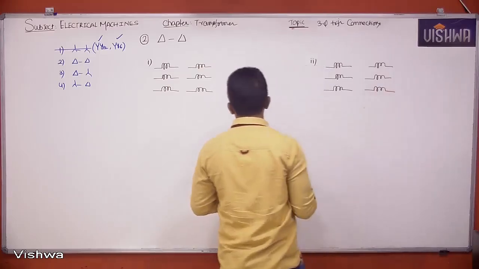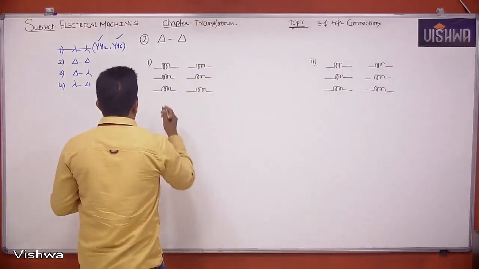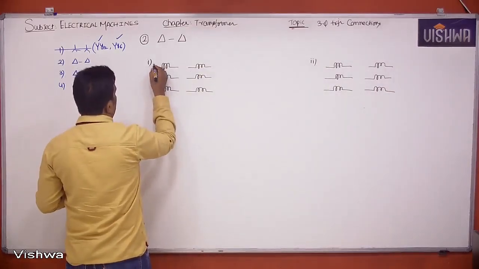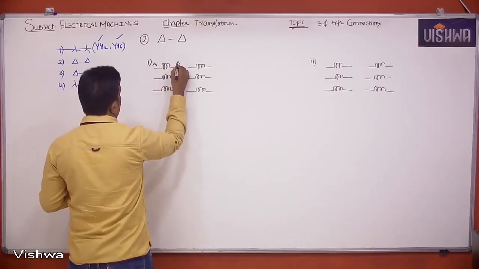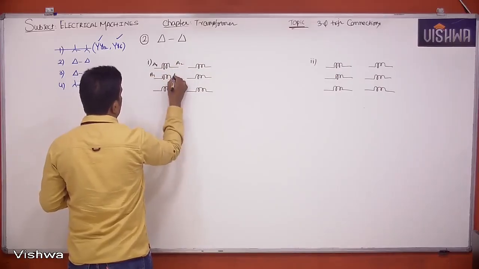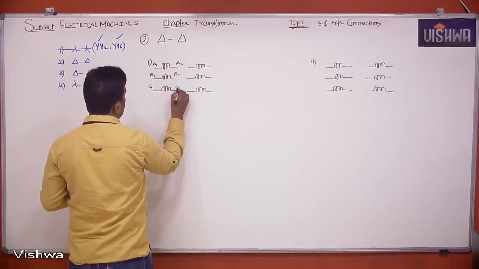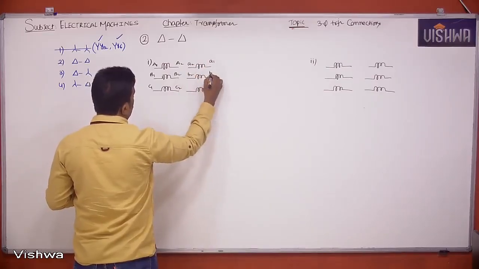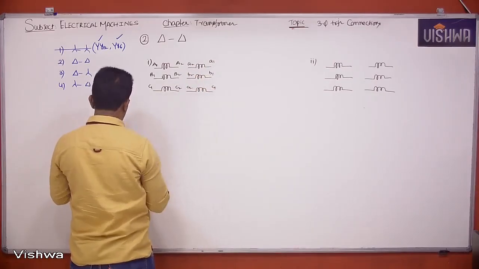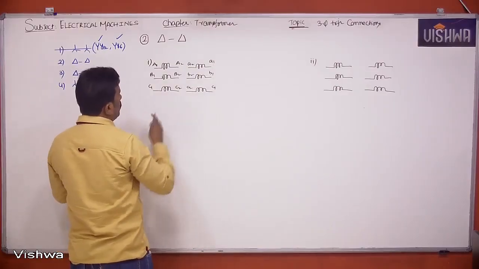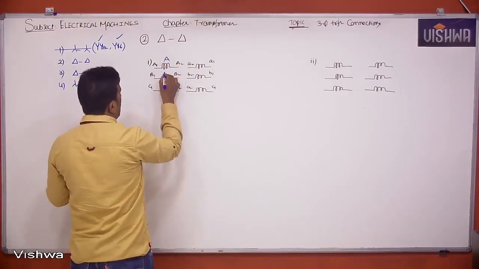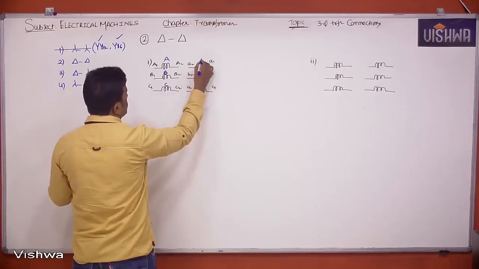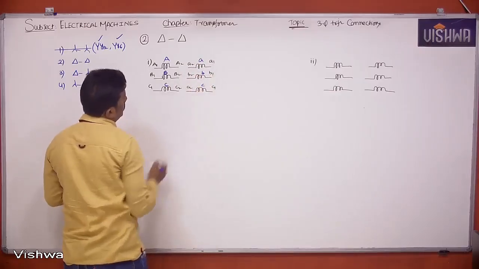And as I told you, primary vectors are represented by capital letters. So let me indicate A1, A2, B1, B2, C1, C2, and small a2, a1, b2, b1, c2, c1. A1, A2 represent capital A, capital B, capital C, small a, small b, small c.